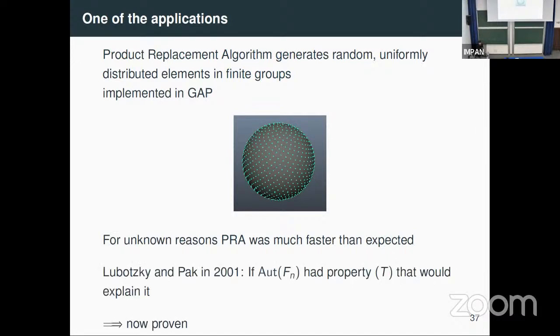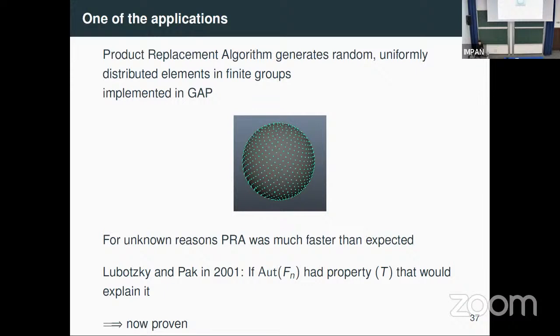In 2001, Lubotzky and Pak showed that the explanation would be property T for Aut(Fn). The reason is that they noticed that the algorithm is actually implemented by a random walk of Aut(Fn) on a finite group. If you have property T, there is a uniform estimate on how these random walks converge to the uniform distribution.